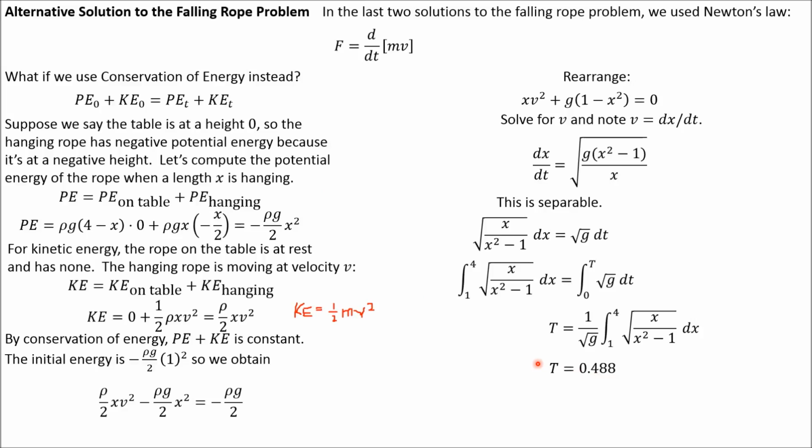So what in the world is going on? I will leave you to ponder why we got two different answers and to figure out which answer is correct. However, I don't recommend doing an experiment. I don't see that being very feasible.